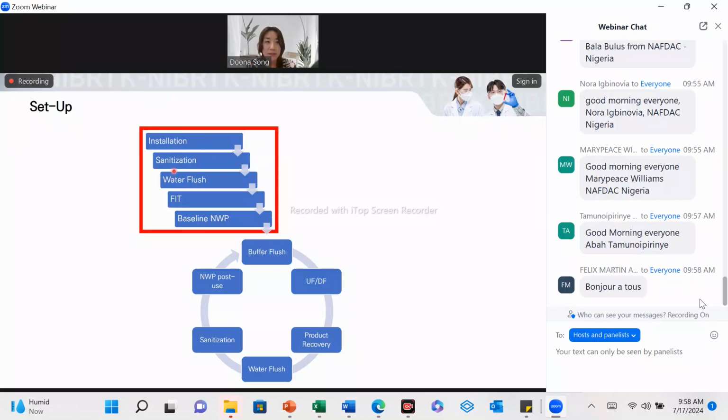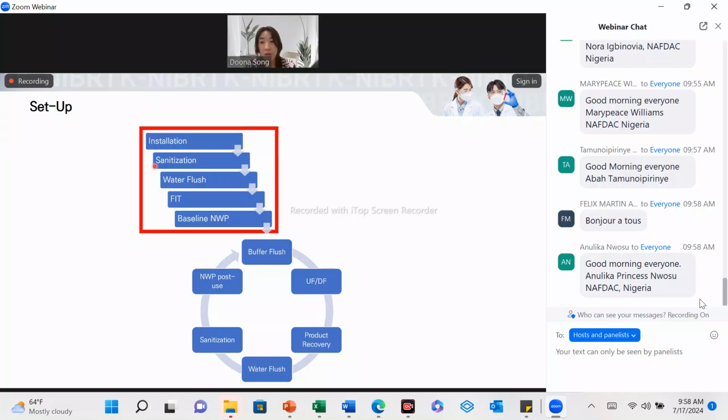And next, sanitization. This is how we clean and reuse a membrane for another batch of the same product. In this step, rinse the membrane with water to remove any leftover protein, then circulate a solution such as sodium hydroxide through the system for a specific time. Then rinse the membrane with water again to remove any remaining chemicals.